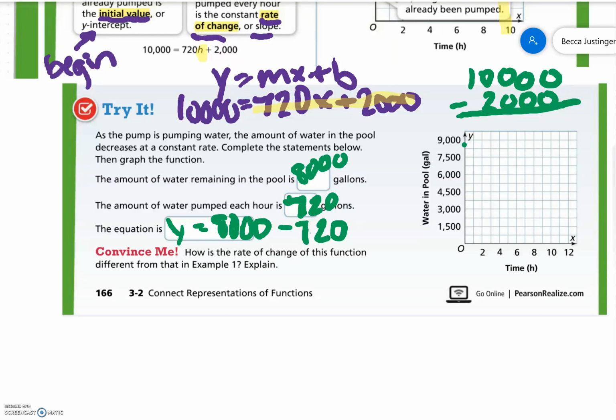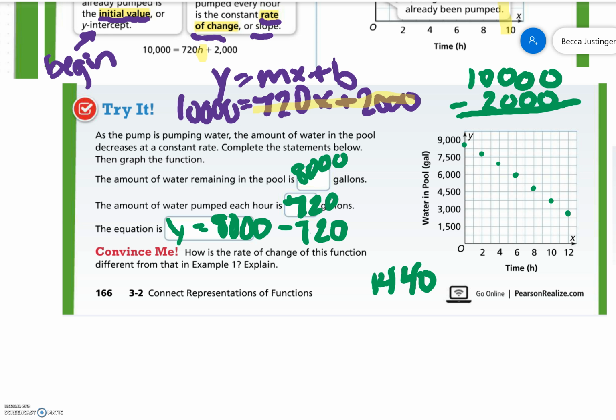And for each one, we're going to go down 720 and then over 1. So if it was for 2, that'd be down 1440. This is a pretty good guesstimate.